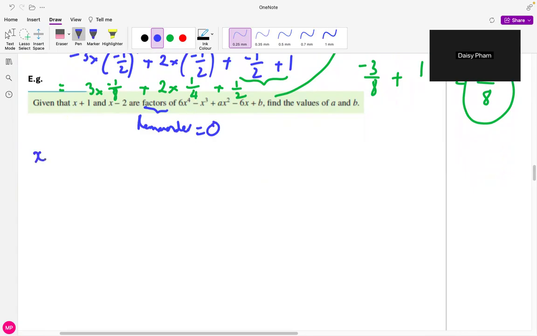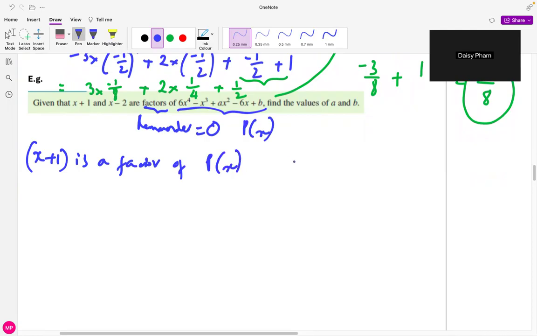If x plus 1 is a factor of p(x), and we call the whole expression p(x), then if we let x plus 1 equal 0, we get x equal negative 1. So we substitute negative 1 for x, so p of negative 1 has to equal 0 because the remainder is 0.